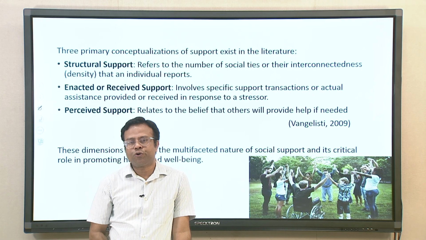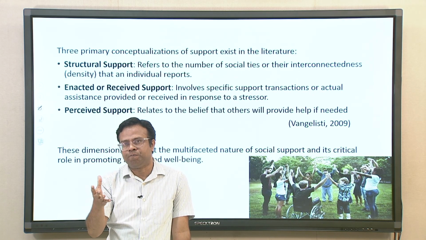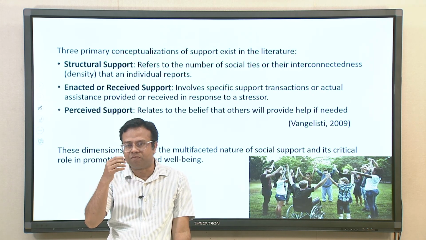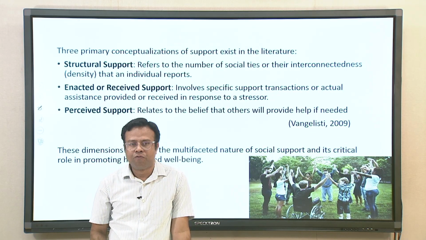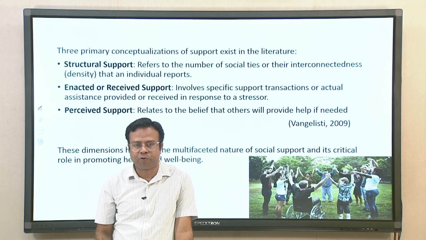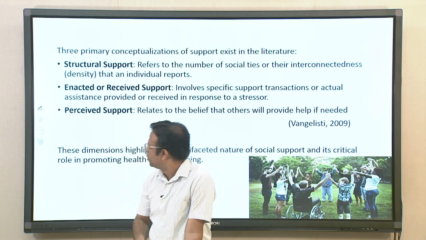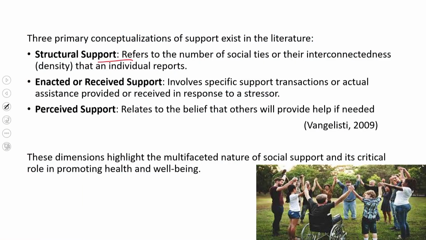Now, people also conceptualize social support in terms of some other dimensions. For example, we can talk about structural support, which refers to the number of social ties, their interconnectedness or the density that an individual reports.